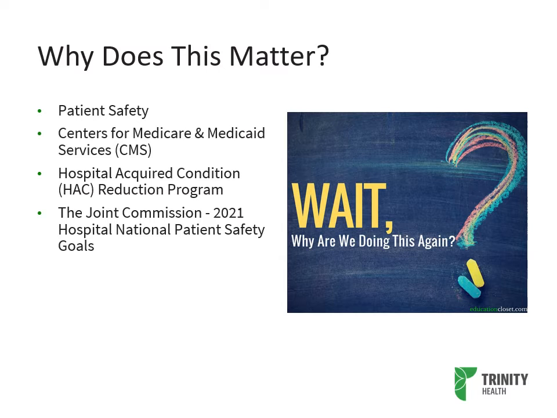So this is how we report the infection requirements. CMS also looks at other events such as falls and pressure injuries, and they have another network that is reported under. But this is just a piece of the puzzle that CMS uses for scoring us, getting that publicly reported, and then also linking our Medicare payments to that.